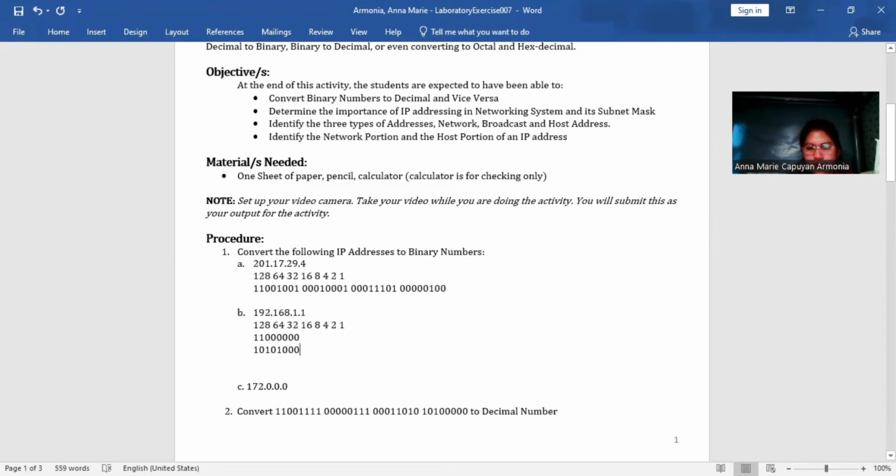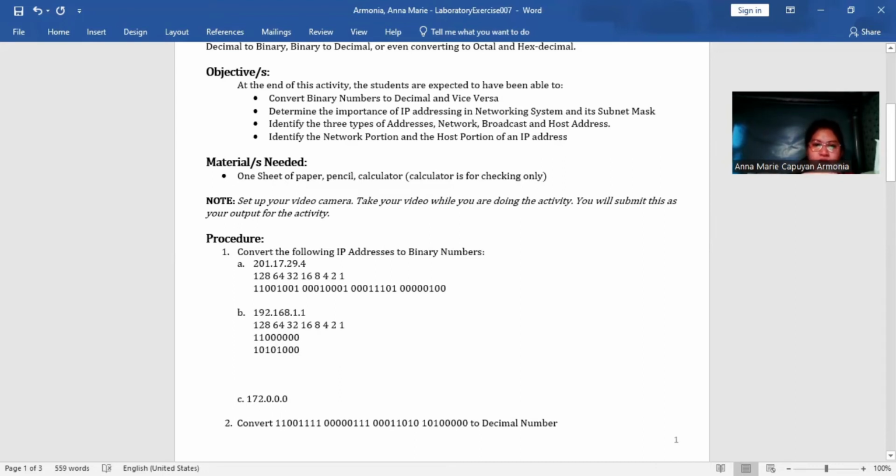And then again, of course, for our 1 it should be 0, because 128 we cannot subtract from 1. So it should be 0 for 64, for 32, for 16, for 8, for 4, for 2, and then 1.